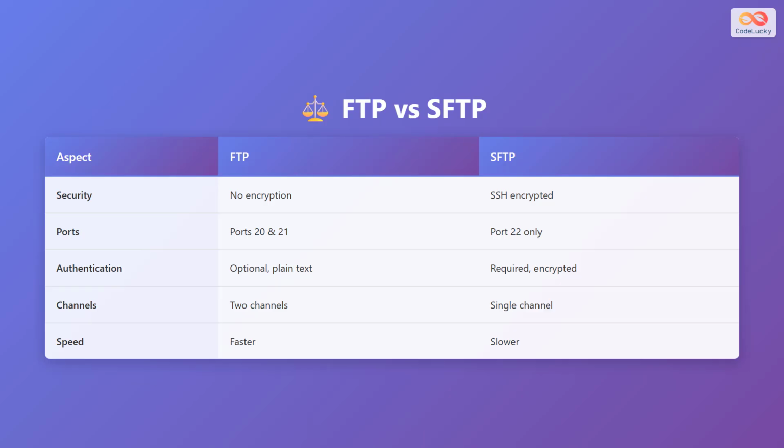SFTP requires authentication and keeps it encrypted. FTP uses two channels for communication, while SFTP uses just one unified channel. Finally, FTP is faster because there's no encryption overhead, while SFTP is slower due to encryption processing. However, this trade-off is worth it for security.